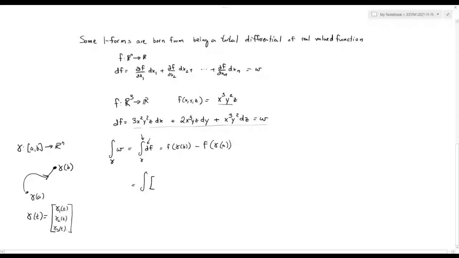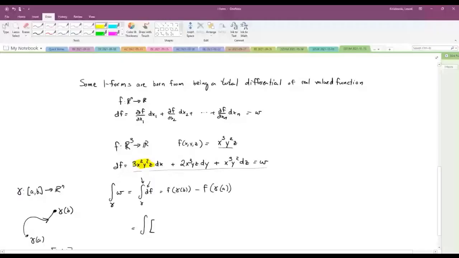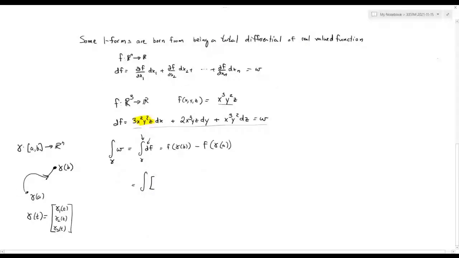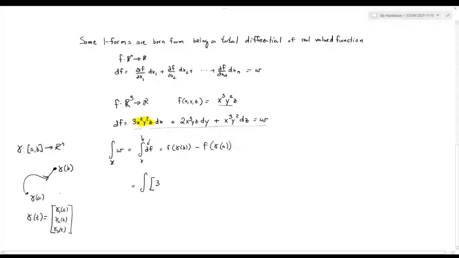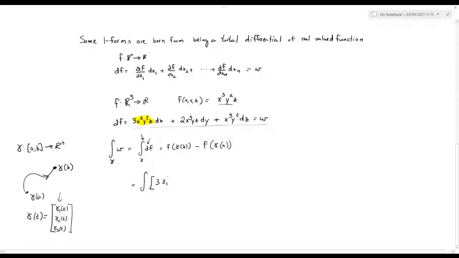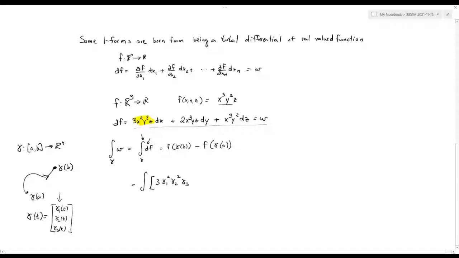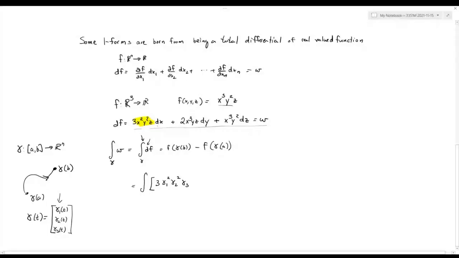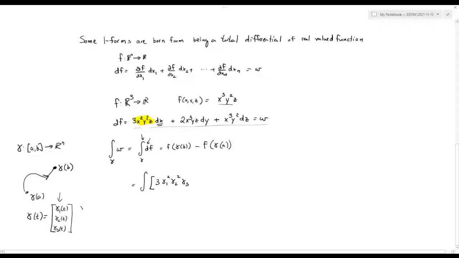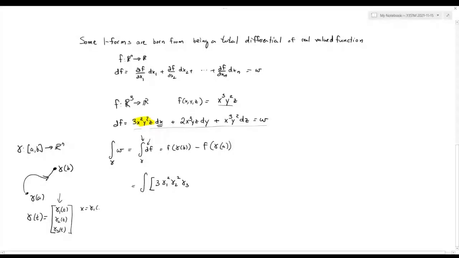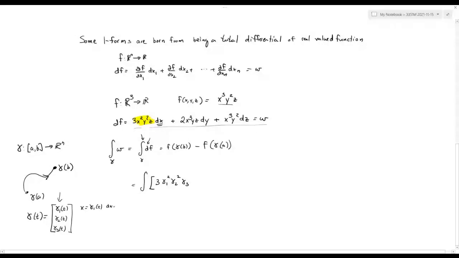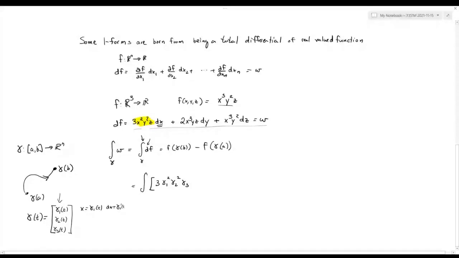So here the first term would be 3 times x, but evaluated along our path. Let's just write that as gamma 1 squared, and y, gamma 2 squared, and z, gamma 3. Okay. And what is dx? Well, if x is gamma 1, then dx would be the differential gamma 1 prime dt.